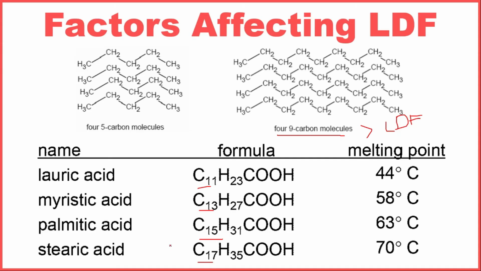And when the chains are longer, the molecules are bigger. The larger the molecule, the greater the dispersion forces. When the attractive forces holding the particles together are greater, you have to get a higher temperature to break those forces. So the melting point is higher.